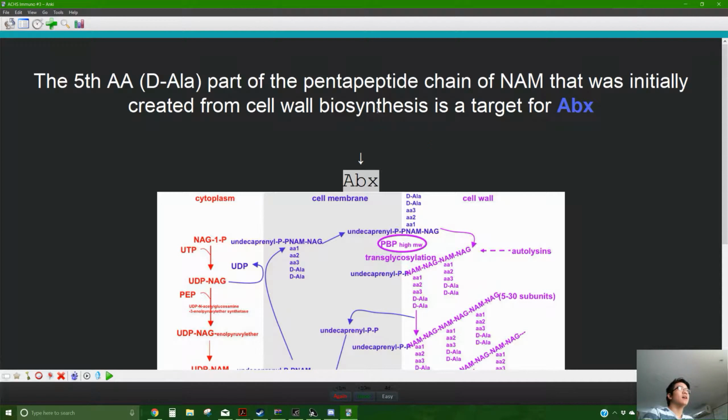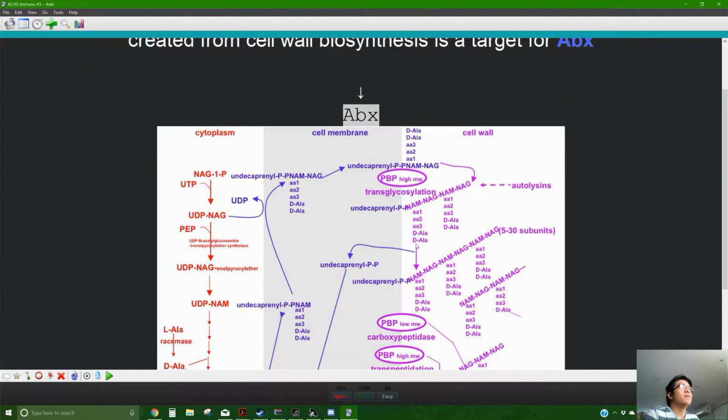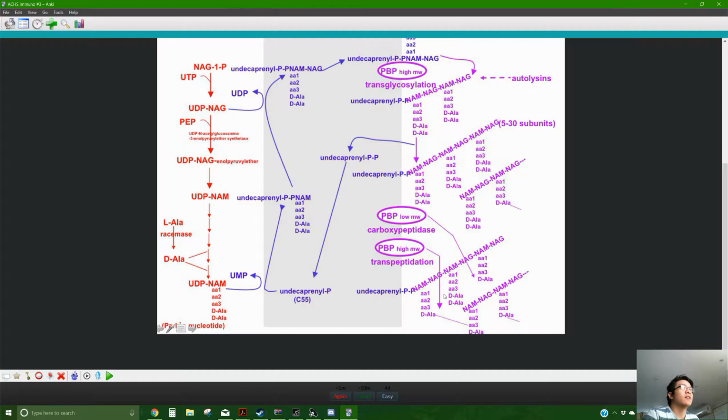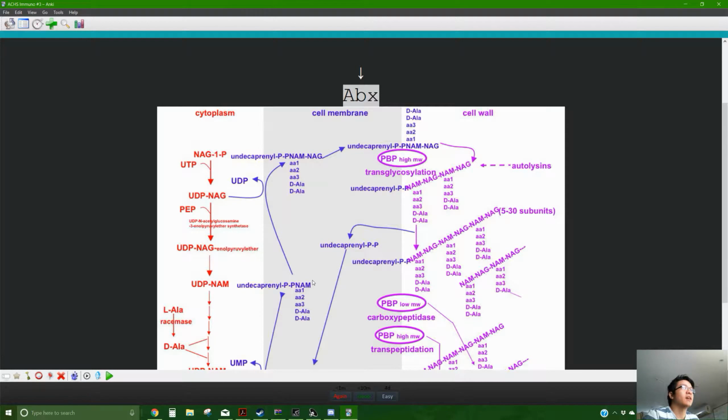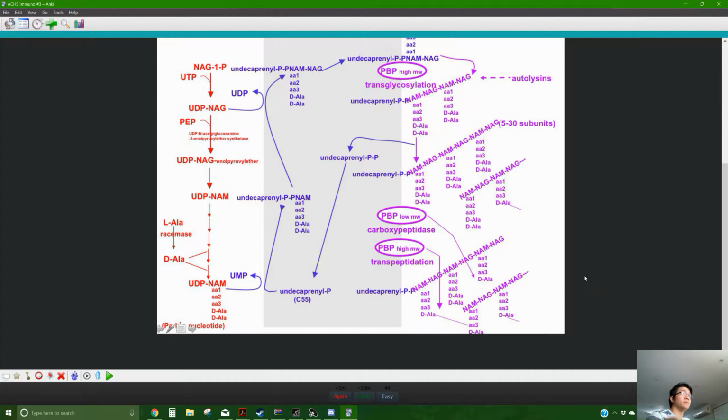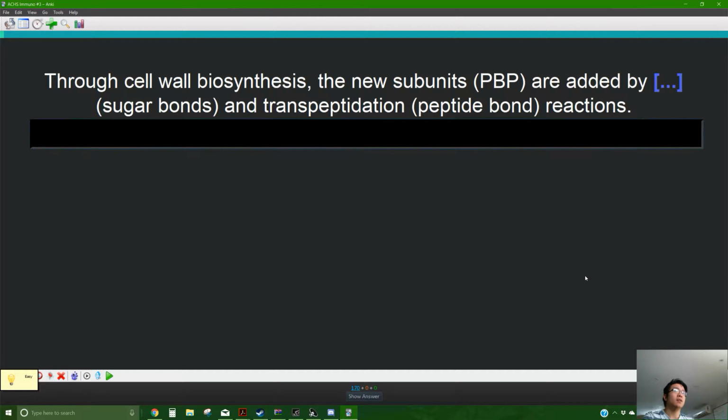That's what I think. But yeah, the fifth part is a target for antibiotics. If we remove that, the antibiotics can't have access to it, which is, I guess, a bad thing. But you know what? I need to do more research on this because I don't know where this really pertains to. I don't know if it's in the human or... Oh, it's in the bacteria, right? So it's going to have some form of resistance, right? I guess that's how it becomes resistant to antibiotics.